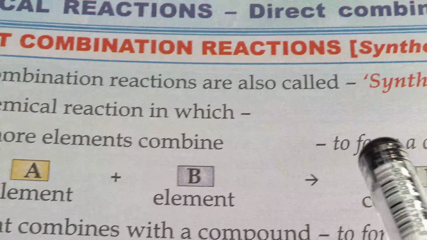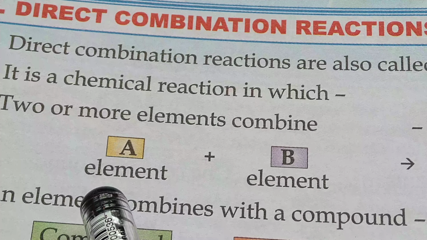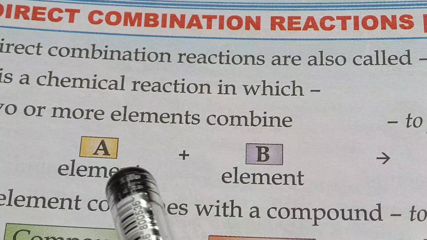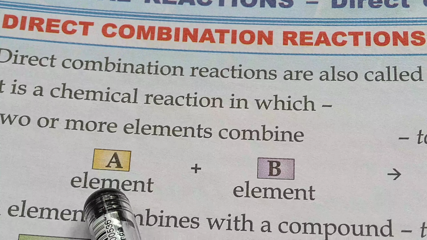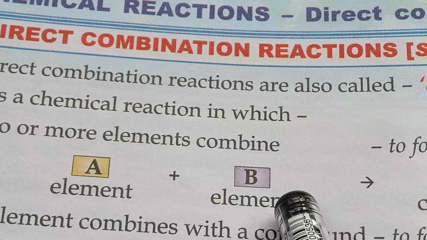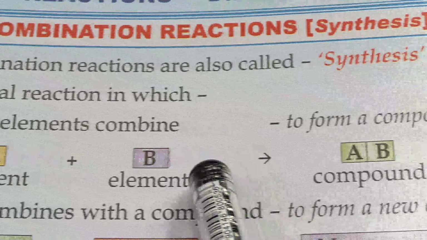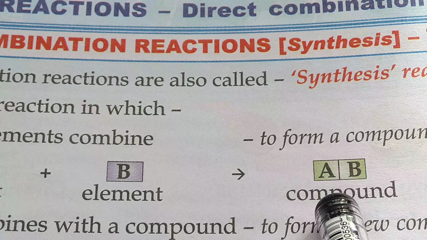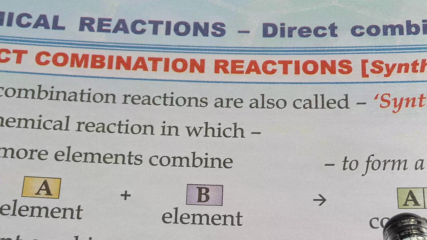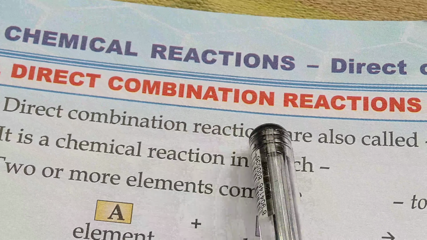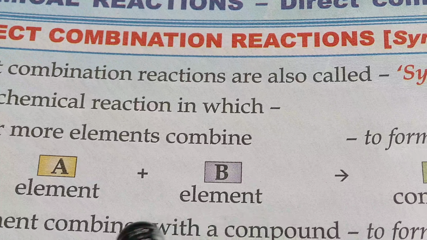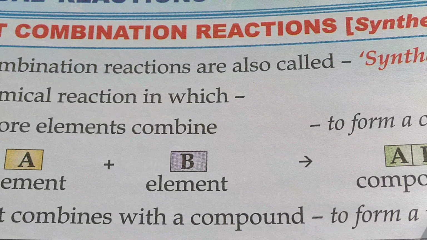So just look at it before. Reactants may be elements or compounds, whereas two reactants combine together to form a single compound. Obviously a single compound.